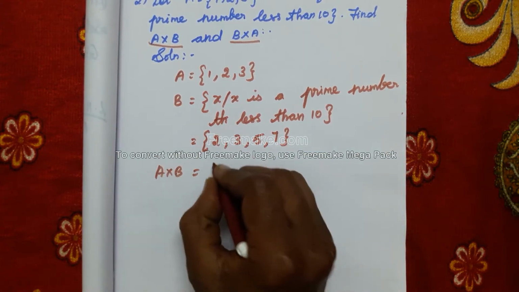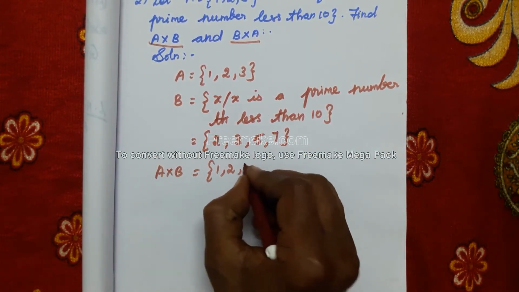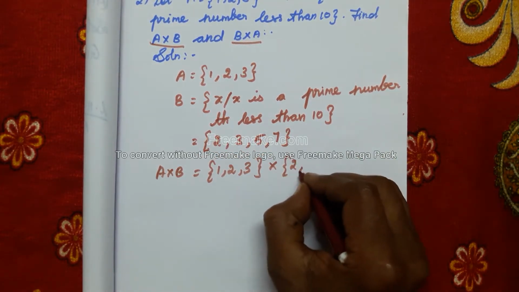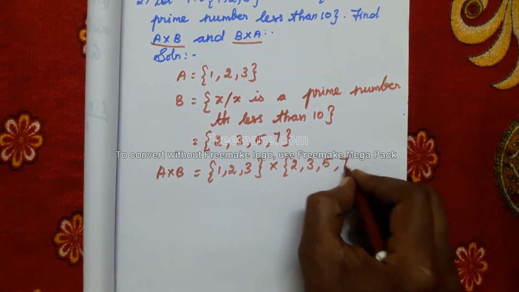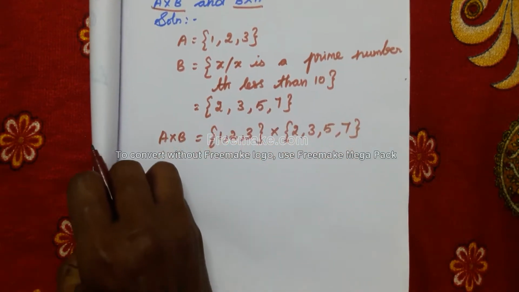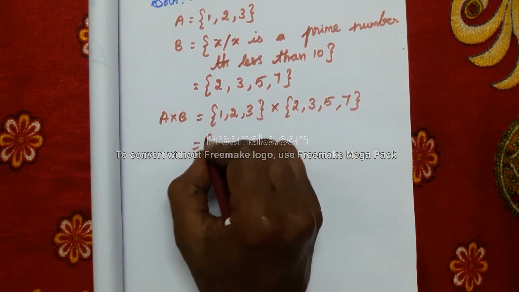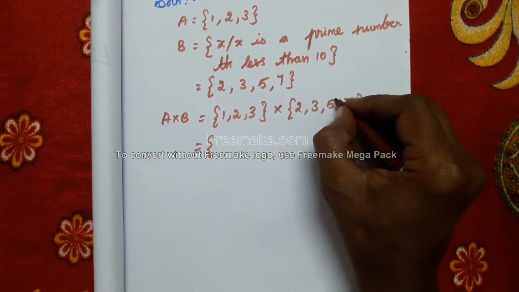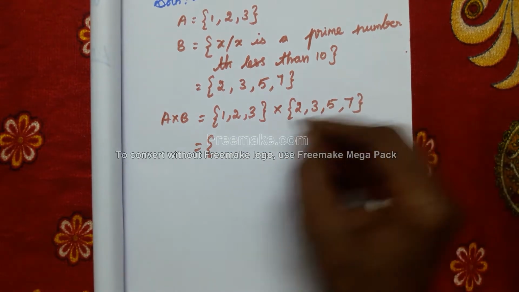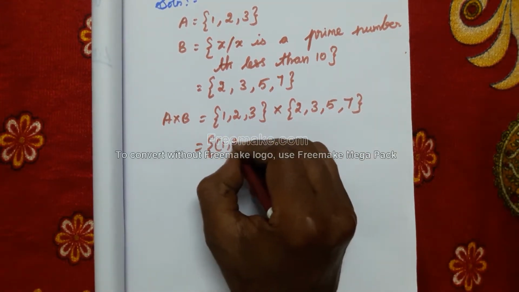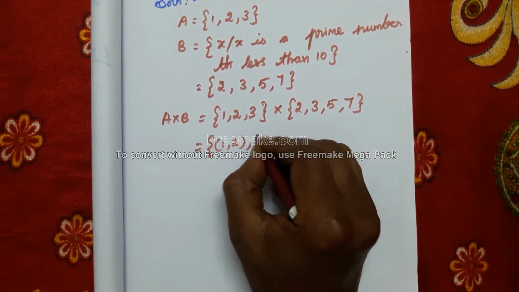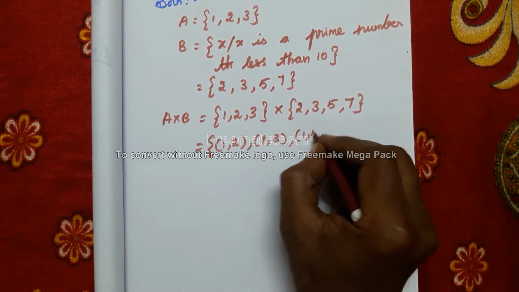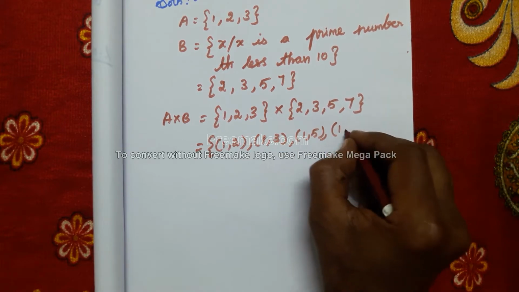A is {1, 2, 3} and B is {2, 3, 5, 7}. Now we have to find A cross B. We have to write all the ordered pairs: (1, 2), (1, 3), (1, 5), (1, 7).